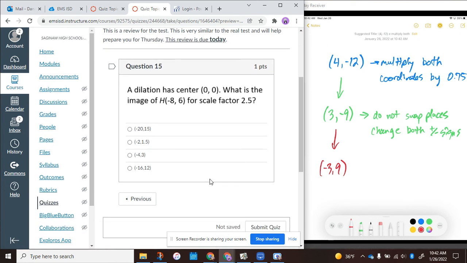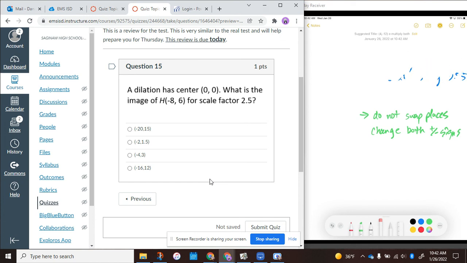Our last one, we're doing another dilation, and it's asking about a specific point that we start with. It's asking what is the new image after we have dilated by a factor of 2.5. It's just like we've already done.